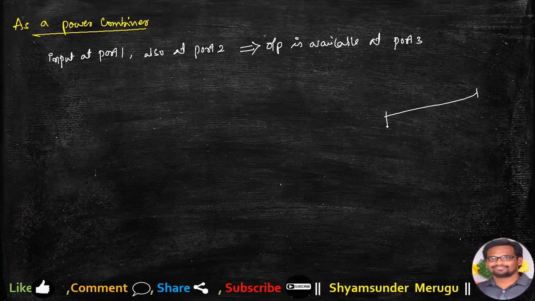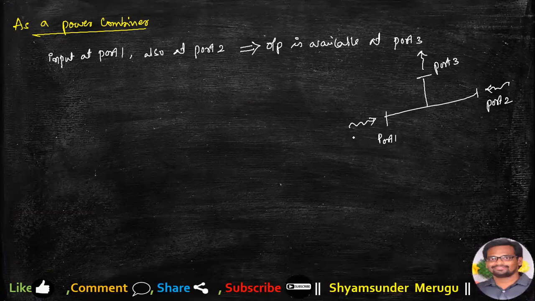So here we will be having port 1, here it is port 2, and here it is port 3. Now the input power is given at port 1 and at port 2, and the output we are getting at port 3.